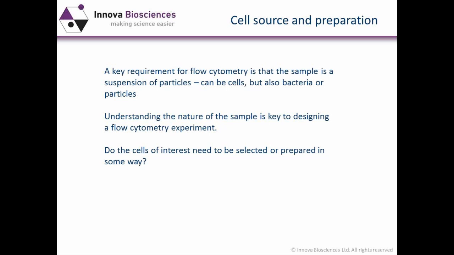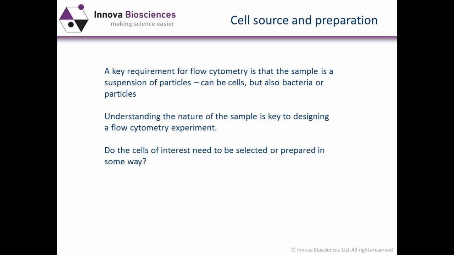Quite a lot of what I'm going to talk about is the cell samples themselves, and obviously, as this slide picks out, one of the key requirements for flow cytometry is that the sample is a suspension of particles. We're going to be talking about cells today, but it could also be bacteria, it could be other particles, etc. As I mentioned, understanding the nature of the sample is key to designing your flow cytometry experiment.